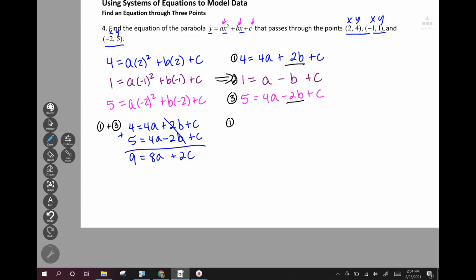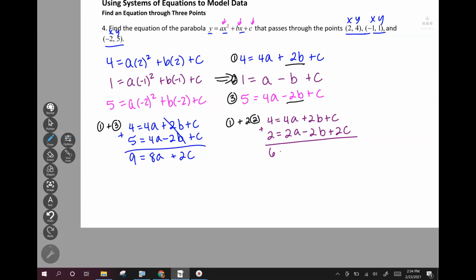If I do equation 1 plus 2 times equation 2, then my b's are going to cancel again. So 4 plus 2b plus c. And I'm doing 2 times equation 2. So that's going to be 2 equals 2a minus 2b plus 2c.